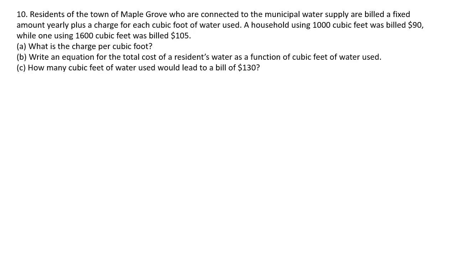Well, to solve this, you have to look closely and figure out that it's a fixed amount yearly, and then a charge for each cubic foot. So let's say x is the cubic foot of water used. Then there's a fixed charge which we're going to call B. B is the fixed charge.